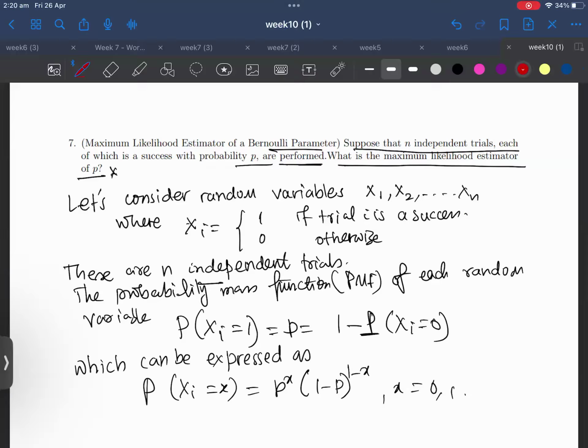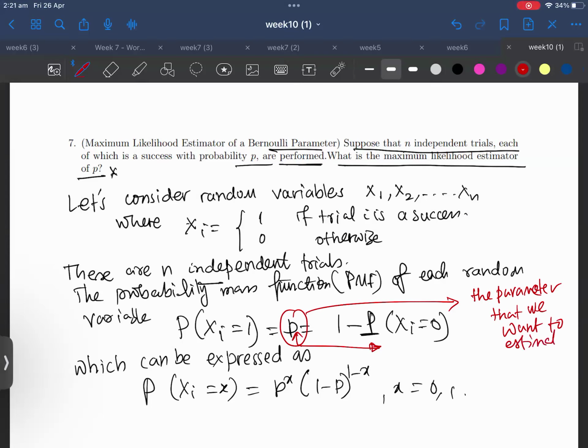So the important thing here is this p, the parameter that we want to estimate using the given data that we have.